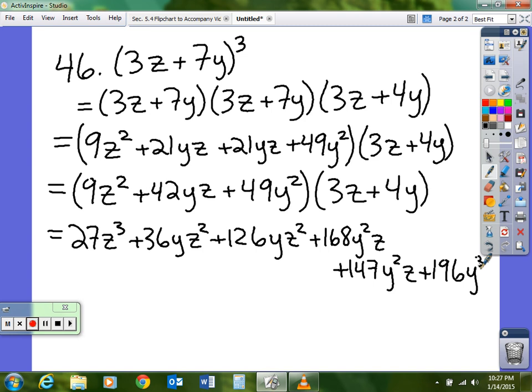Let us combine like terms. When we combine like terms, we will get 27z cubed. It has no other like terms.